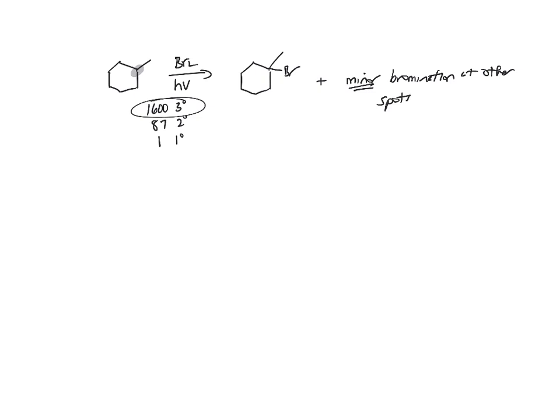With a 1600 to 1 ratio, I'm going to get tertiary. So when you're doing a halogenation of an alkane, do bromination. Practically no one does chlorination because it's much more predictable when you brominate. Your yields are going to be better for the most substituted position, and I'm not going to have a bunch of separation steps.